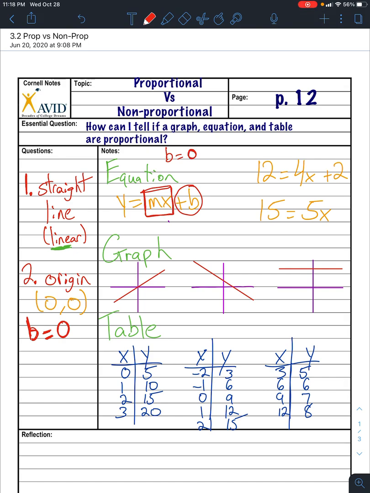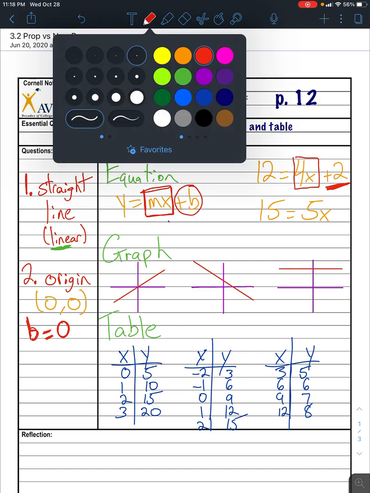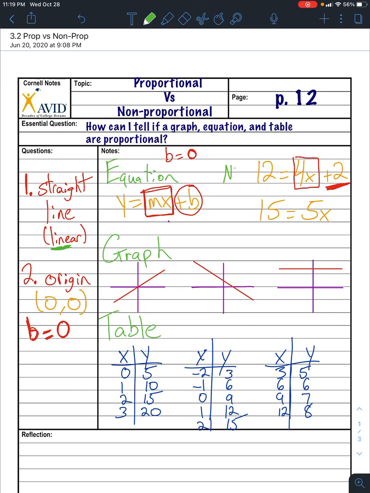So here are my examples over here. So right now, I have 12 equals 4x plus 2. I look outside the box at my y-intercept. It's a positive 2, not 0. So this first one right here is not proportional.